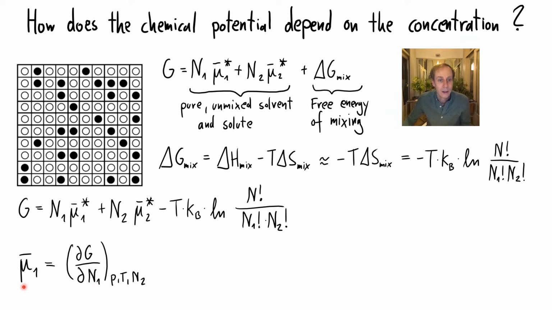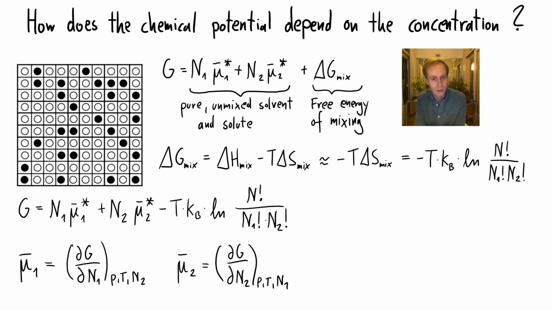So for the solvent, component 1, we can write the partial derivative with respect to the amount of solvent molecules being added or subtracted at constant pressure, temperature, and solute number of molecules. Same goes for the solute molecules, and their chemical potential is also the partial derivative, but this time of the free energy with respect to the amount of solute molecules, at constant pressure and temperature and constant solvent molecules, component 1.